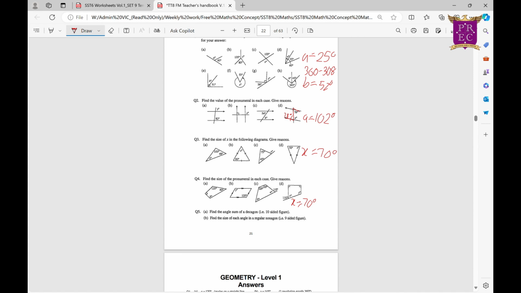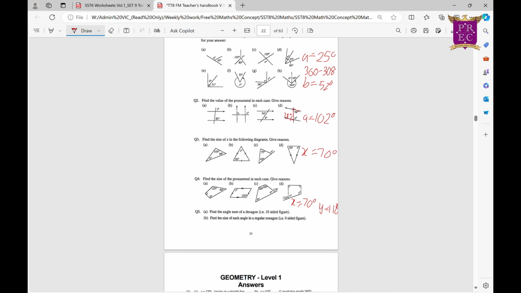So 90 plus 90 gives us 180, 180 plus 70 gives us 250, so y is equal to 110 degrees, because we need 360.